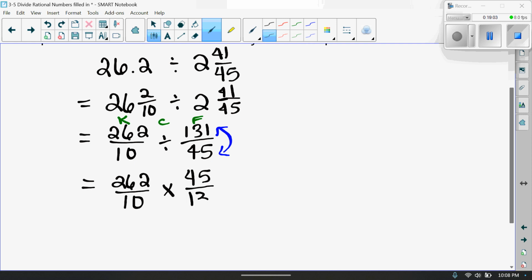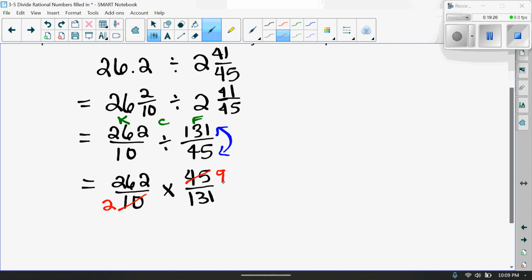That's going to be 45/131. Now, before you multiply, you can simplify. So for 10 and 45, we can divide both of those by 5. So 10 divided by 5 is 2, and 45 divided by 5 is 9.